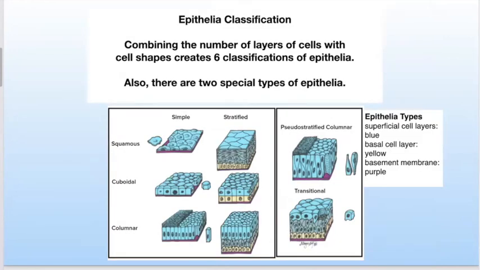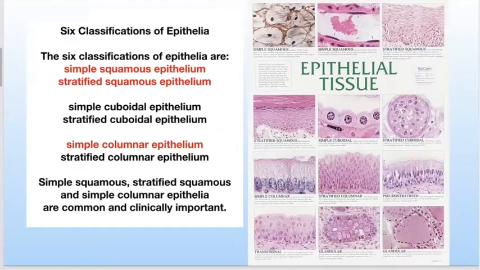Combining the number of layers of cells with cell shapes creates 6 classifications of epithelia. Also, there are 2 special types of epithelia. The 6 classifications of epithelia are simple squamous epithelium, stratified squamous epithelium, simple cuboidal epithelium, stratified cuboidal epithelium, simple columnar epithelium, and stratified columnar epithelium.